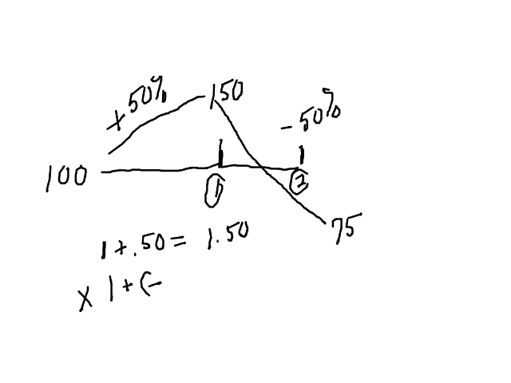Well, that was a negative 0.50, which would then be 0.5. Okay, so 1.5 times 0.5 equals what? It equals 0.75.